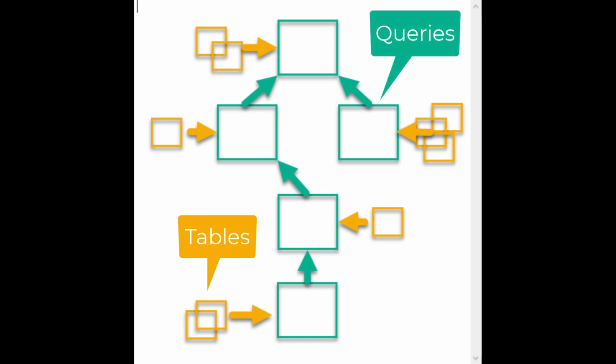Starting at the bottom, that first query on the very bottom uses two tables, and then it is used by the second query, which also uses an additional table. That query output is used in a third query up on the top left there that also uses the output from another table in yellow. Then that final query at the very top uses another query on the right side that uses three tables, and the end query also uses a couple of additional tables.